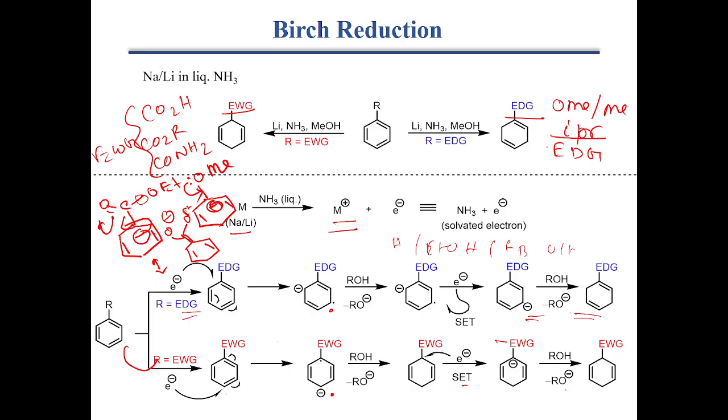So that's why the attack is not happening through para single electron transfer for the electron donating group, but in the case of the electron withdrawing group, the para single electron transfer happens. So this is the reason why we get different types of products for electron donating and electron withdrawing groups.